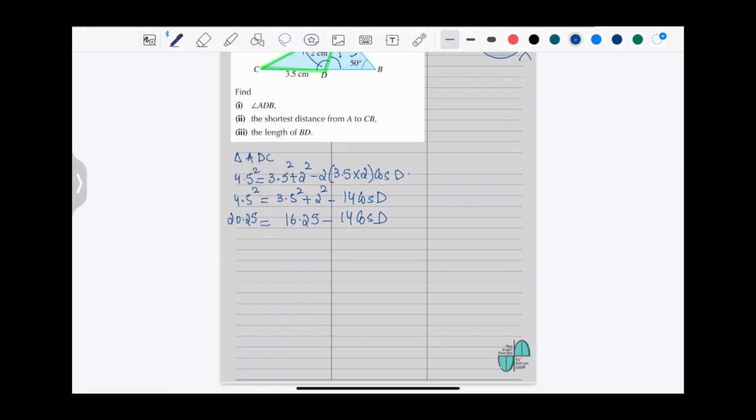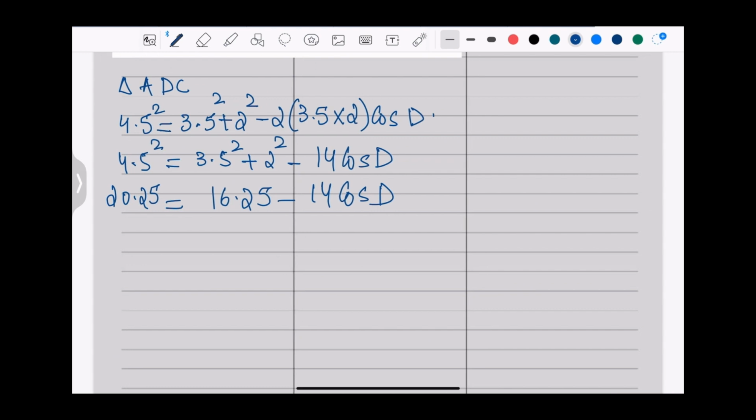I've noticed that a lot of students, what they do is they subtract these two values straight away. Please note that there is a cos D which is multiplying. So according to BODMAS, you cannot subtract unless you multiply the value of cos D, and you don't know cos D. It is an unknown in this. So it's better to take this on the other side, equals to minus 14 cos D.